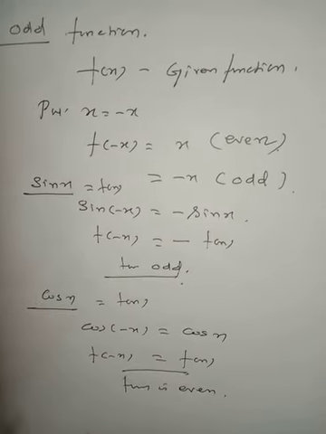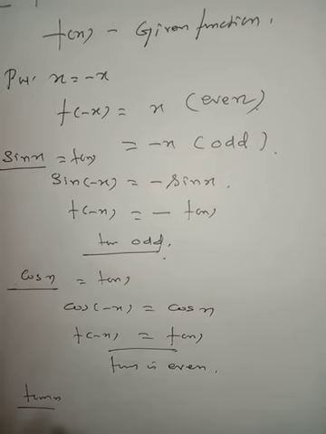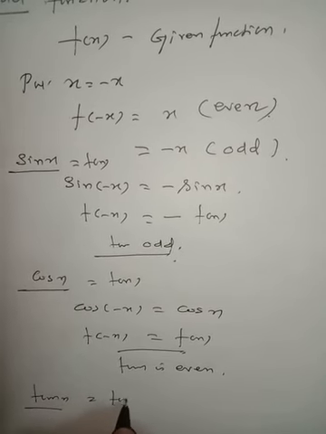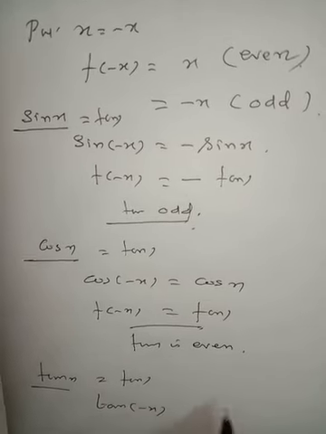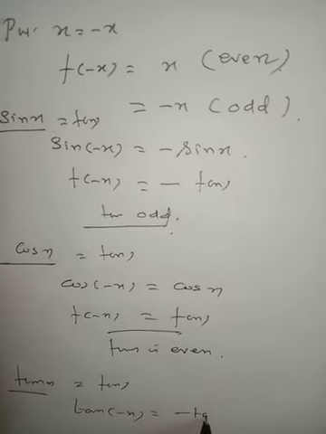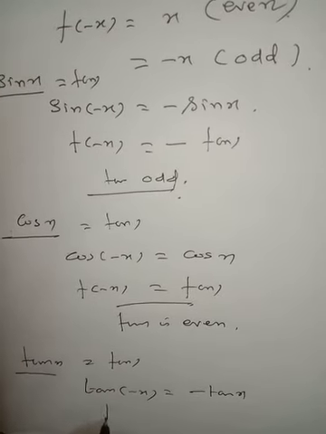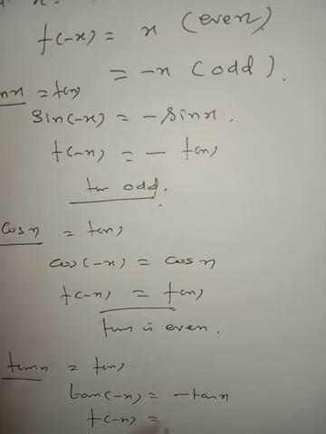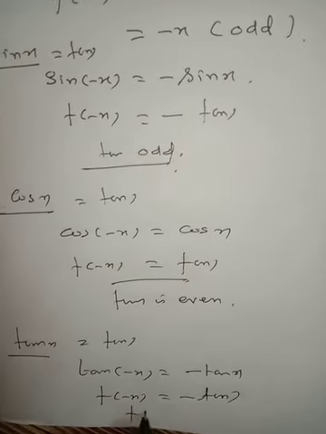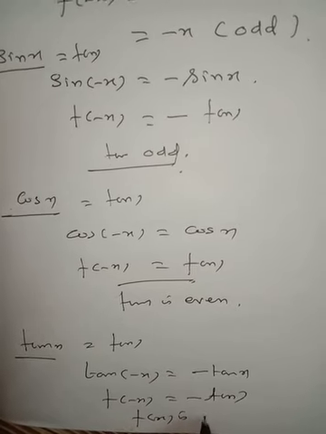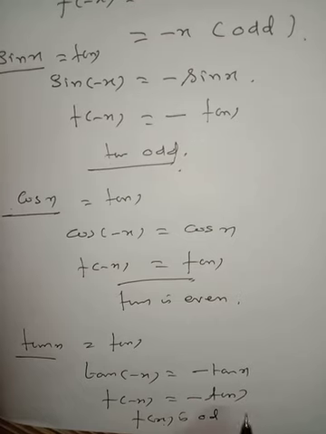Next, we take tan x. Tan x is f of x. Tan of minus x is equal to minus tan x, which means f of minus x is equal to minus f of x. So f of x is an odd function.